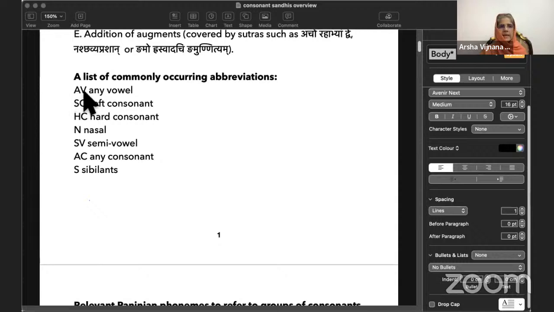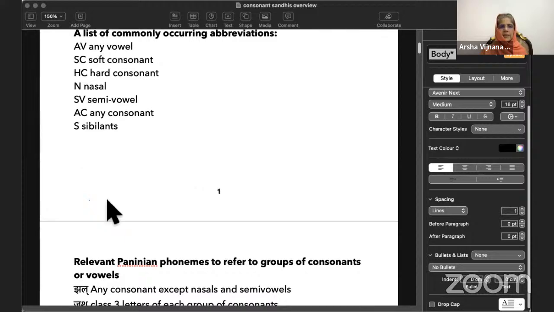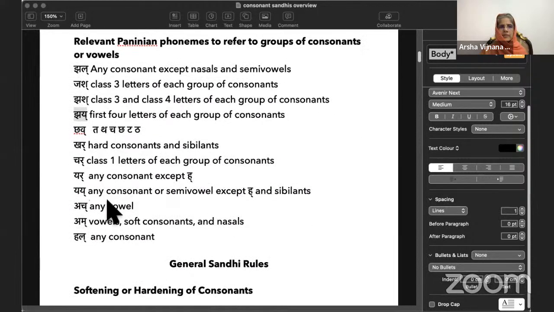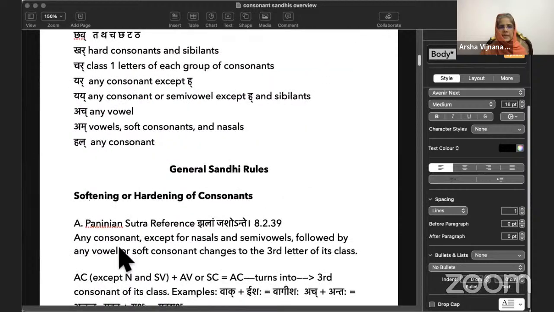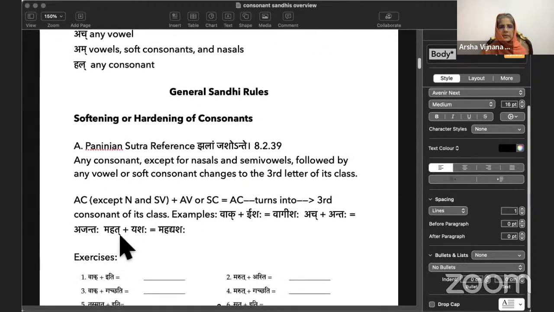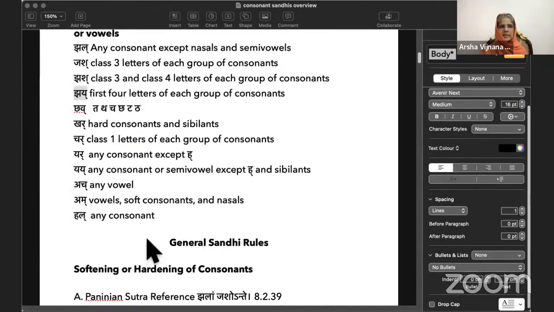Shortcuts: AV, any vowel; SC, soft consonant; HC, hard consonant; N, nasal; SV, semi-vowel; AC, any consonant; S, sibilant. And then of course we have already gone over these, right? And then we'll take up each rule tomorrow, one by one.